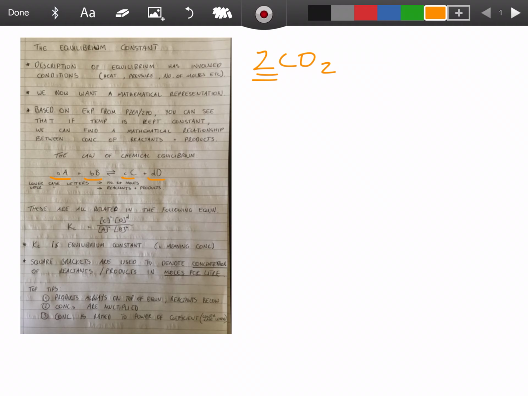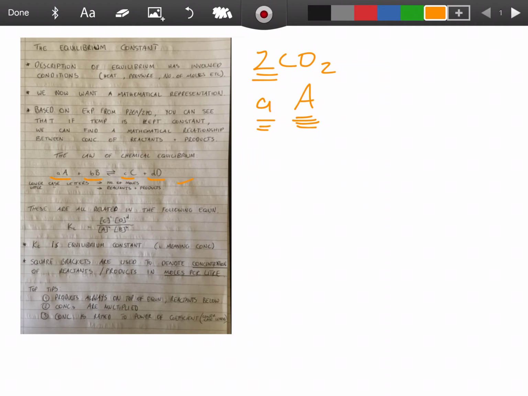Okay, so the lowercase letters represent the number of moles, and the uppercase letters, or capital letters, represent the reactants and the products. So if you can imagine, the 2 is representing the number of moles, and the CO2 is represented by the capital A, just to give you a quick example of what that could be.